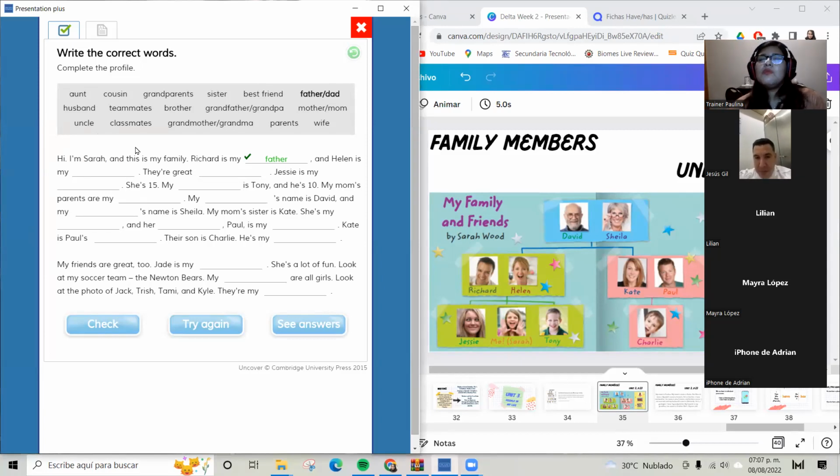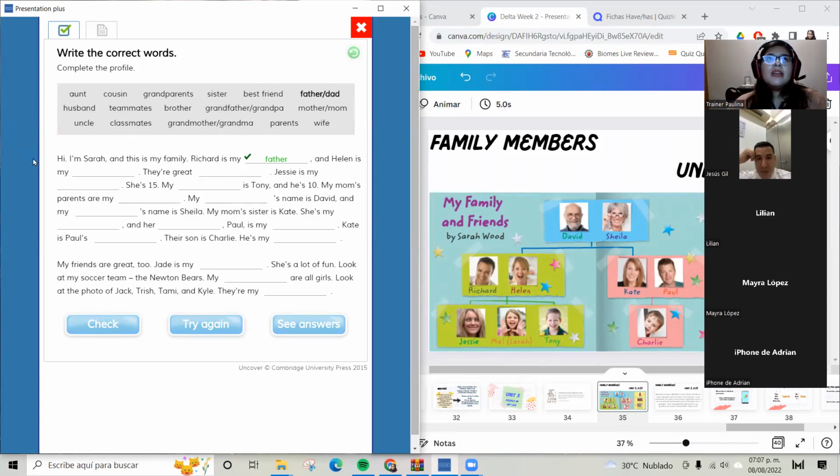Ella nos está contando un poco sobre cómo es su familia. Su familia está acá. Este árbol genealógico es de Sara. Entonces, yo voy a usar estas palabras de aquí arriba para completar este párrafo y me puedo ayudar con el árbol genealógico que tengo aquí.